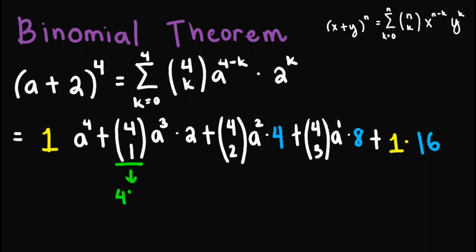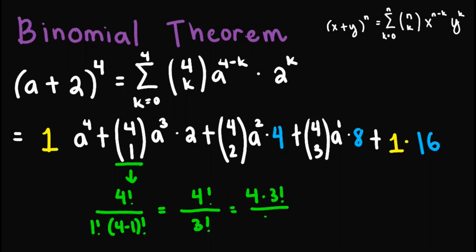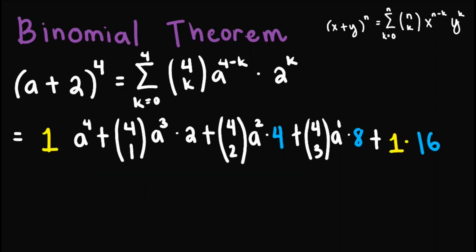So this will be 4 factorial over 1 factorial times 4 minus 1 factorial, which will result into 4 factorial over 3 factorial, which can be written as 4 times 3 factorial over 3 factorial. Cancelling out the 3 factorial, we obtain 4. So 4 choose 1 is equal to 4, and 4 choose 3 is equal to 4.